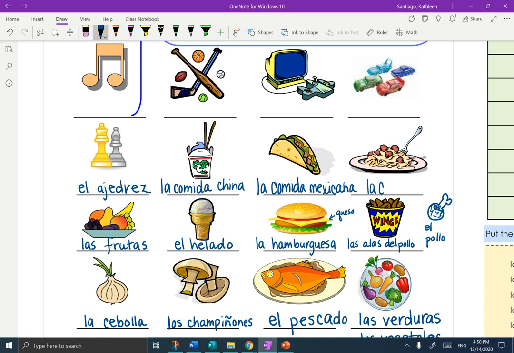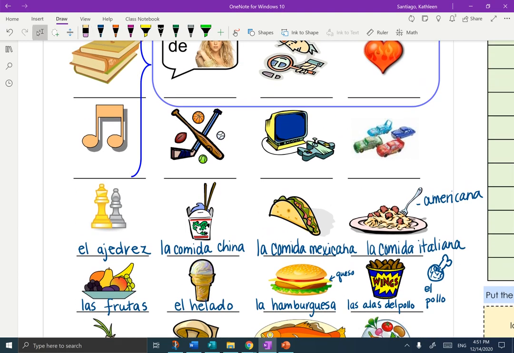La comida italiana, for Italian food. And if you wanted to talk about American food, it would be la comida americana.